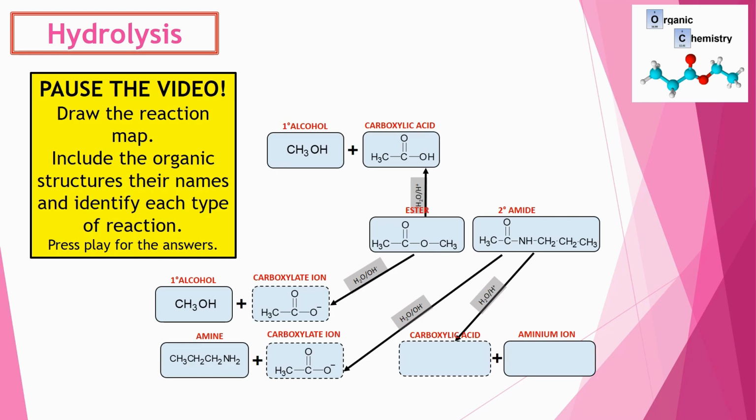Because it's base conditions, remember that we write this as a carboxylate ion instead of an acid, and the amine stays as a base. If we put it in acid conditions, of course, the acid is now a carboxylic acid, and the amine is now an aminium ion.